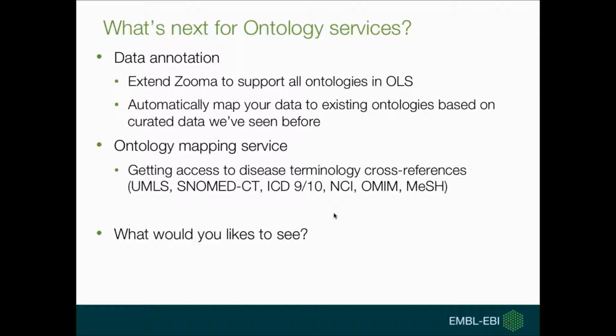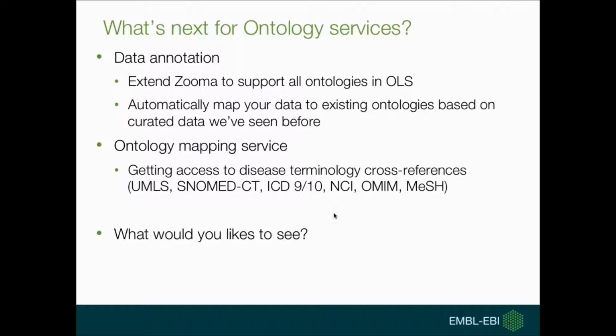And finally, I just want to talk about what's coming next in OLS. Whilst OLS is primarily a search engine for these ontologies, our real interest is in how we map data automatically or semi-automatically to ontologies. So we have lots of data at the EBI that's currently unmapped. So we are now developing extensions to Zoomer to support all the ontologies in OLS and to support large-scale automated pipelines for mapping data to ontologies.